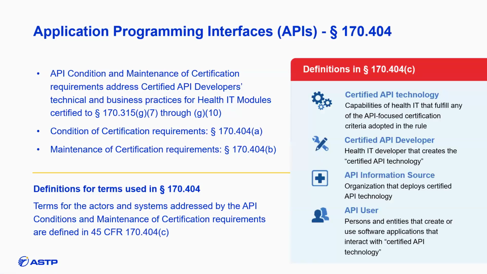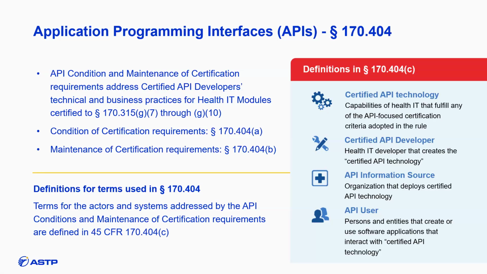What we're going to do while we're going through this, I pasted a link in the chat to the eCFR if you want to read the actual reg text for the API condition and maintenance of certification requirements. This is a refresher. I'm sure most are familiar with these requirements, but we thought we would go through this here.